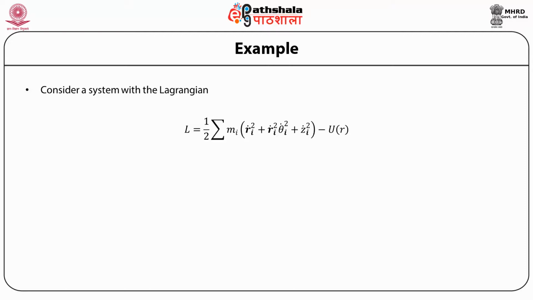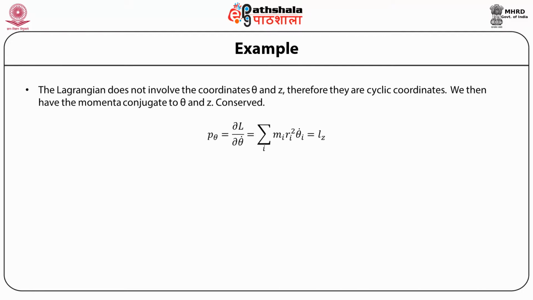That is, the system consists of, let us say, n particles of mass m1, m2, and so on, and we have used the cylindrical coordinates r, theta, and z to represent their position, and this system is in the force field given by the potential U(r). So we have chosen r, theta, and z to be the generalized coordinates, and we have further assumed that the potential depends only on r.